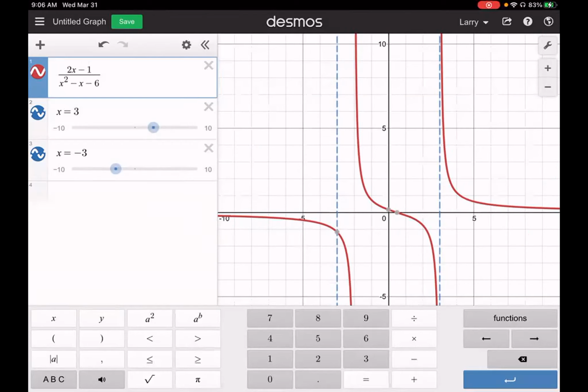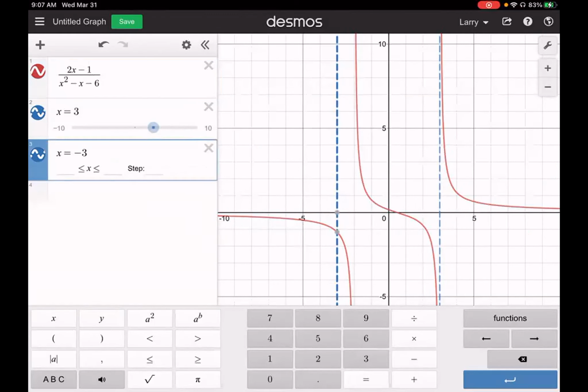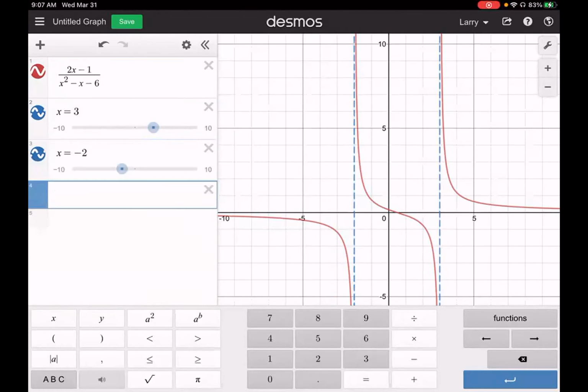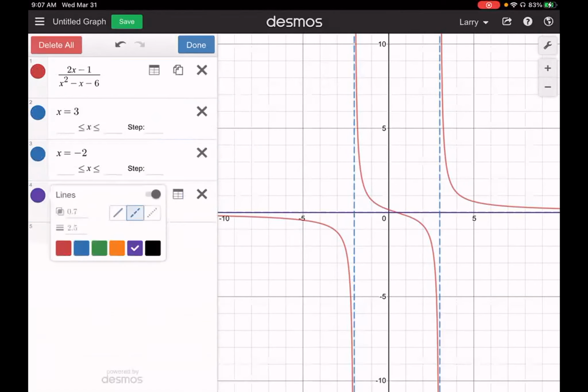If we recall correctly, I said one was 3. Oh, wait, that one's right. The other was negative 2, so let's change this to a negative 2. Okay, that's lining up. Then I said my horizontal was y equals 0, and this purple line appears to work with that.